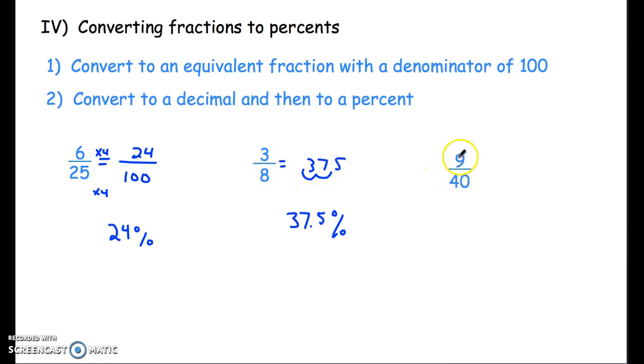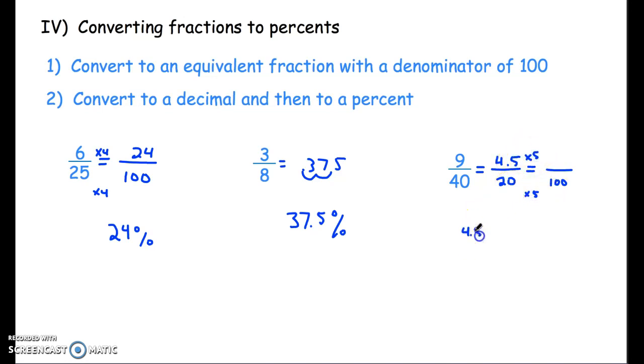The other way to do it is you can say, okay, well, 9 over 40 is the same as, I'm going to divide both by 2. All right, so I'm going to get 4.5 over 20. Now, 20 does go into 100. How many times? 5 times. So 5 times 20 is 100. And 4.5 times 5, oh, I don't know what that is.